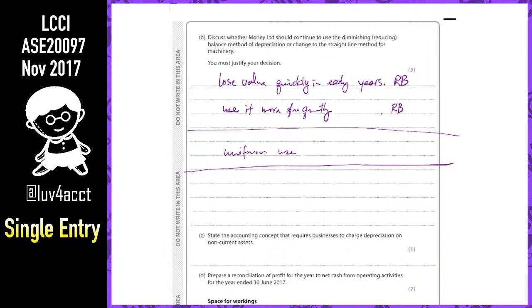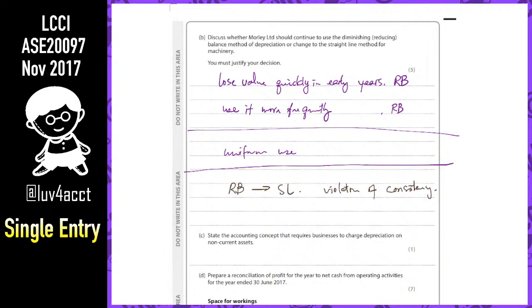One thing I would have to say is that if you have to change from reducing balance method to straight line, it is actually a violation of the consistency concept, which requires you to keep the same accounting treatment through different years for similar types of assets.